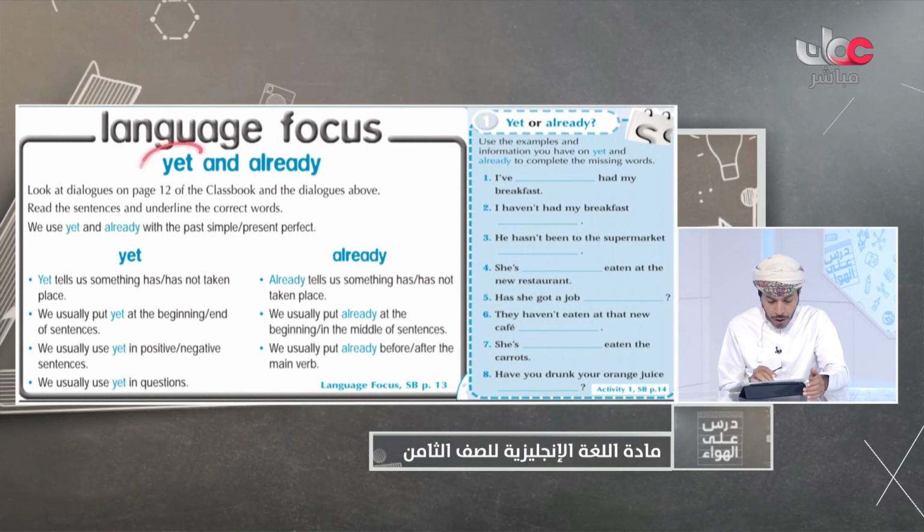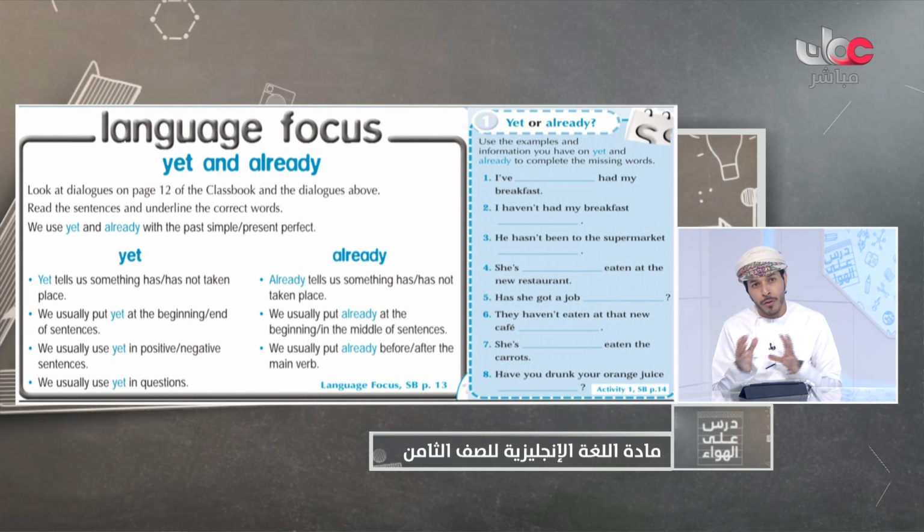We use them mostly in present perfect. We have two of them, which are yet and already, and also there are different words that are used in a present perfect, but you are going to study them in the coming classes, inshallah. But now let's focus on yet and already and the difference between the two.